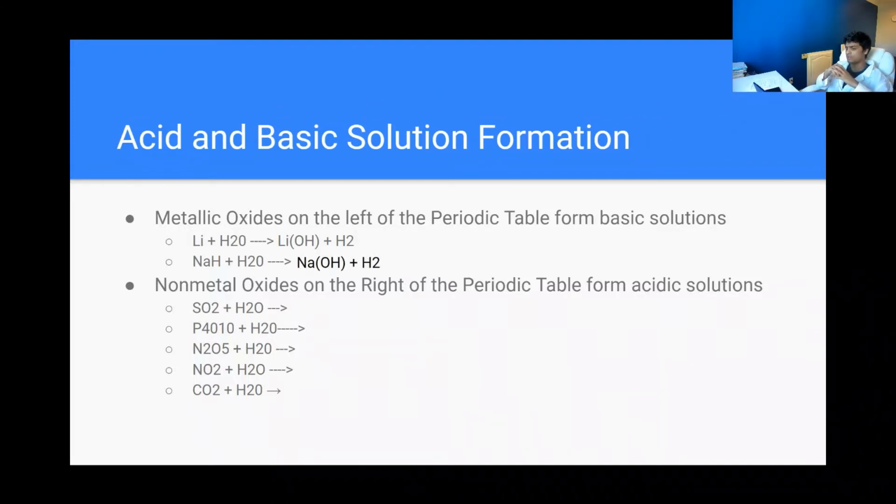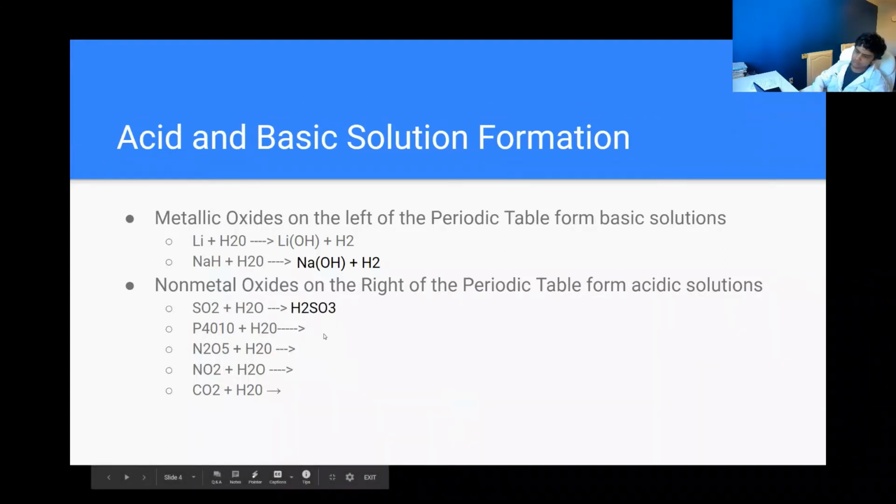Let's take a look at non-metal oxides. What will sulfur dioxide and water form? Hint, it's in equilibrium with something. It will form sulfurous acid. These exist in equilibrium with each other, right?